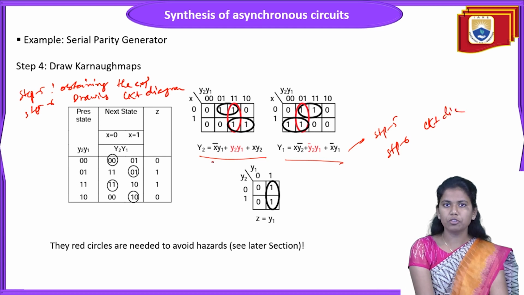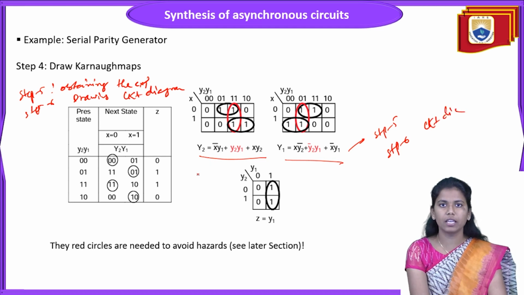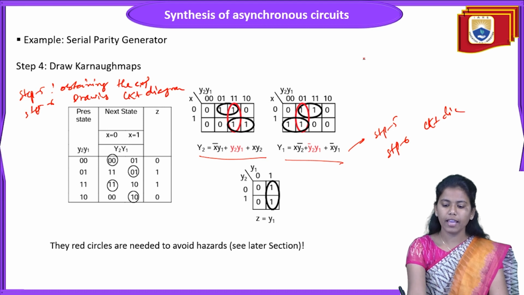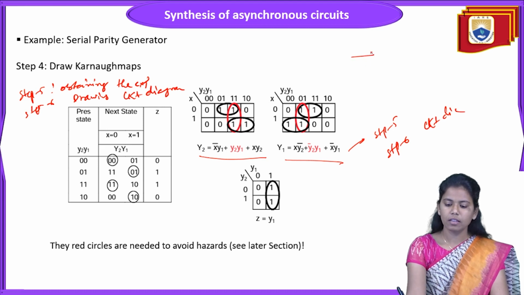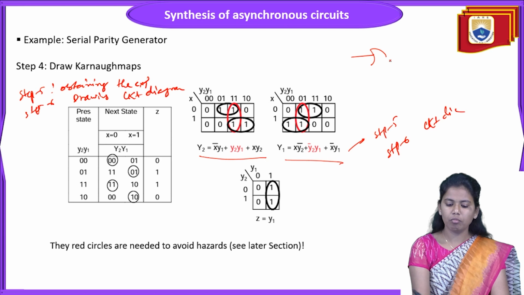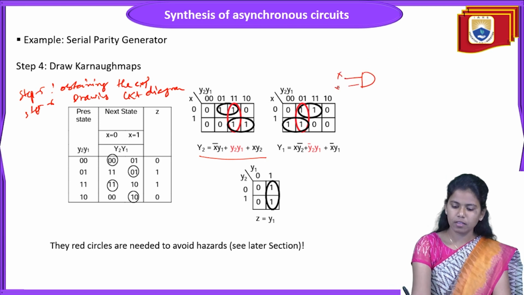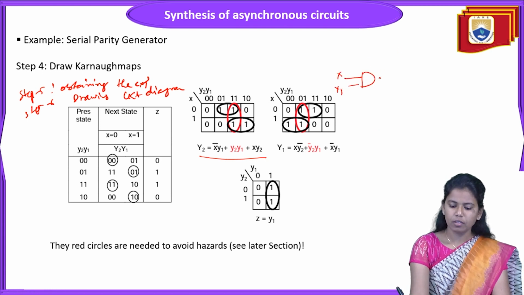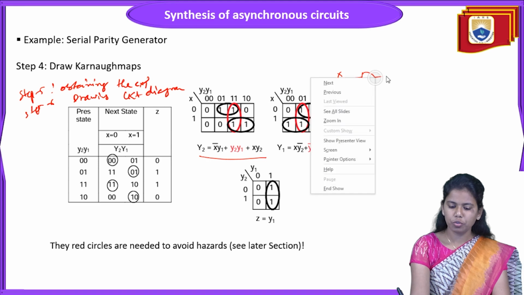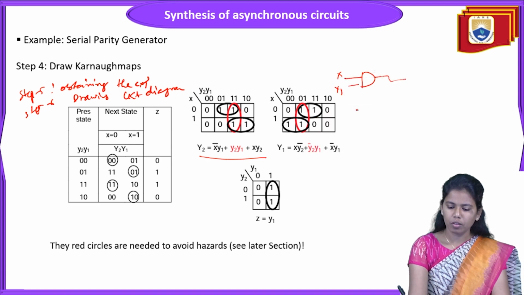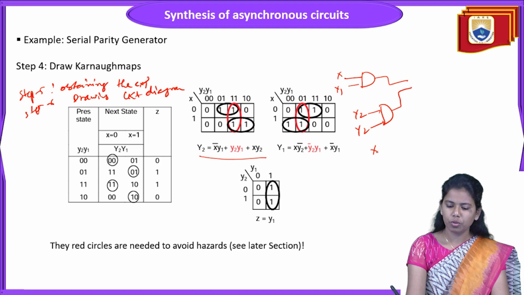So out of this, we can draw the circuit diagram using the basic gates. Okay, x and y, x, y. Now x and y1 are given to y2, y1, and given to x, y2.